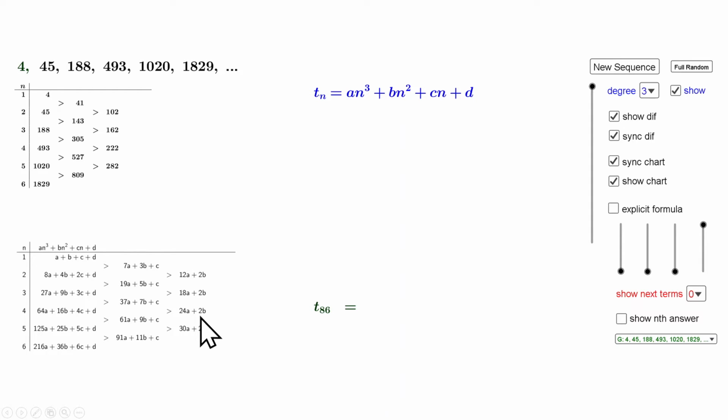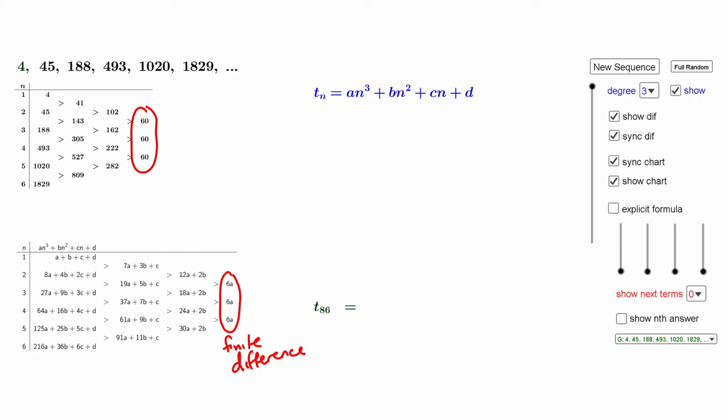So I still have to find my finite difference, and it's constantly adding 6a to these values. 6a, 6a. So this is my finite difference, which I'm going to match up eventually to my 60.